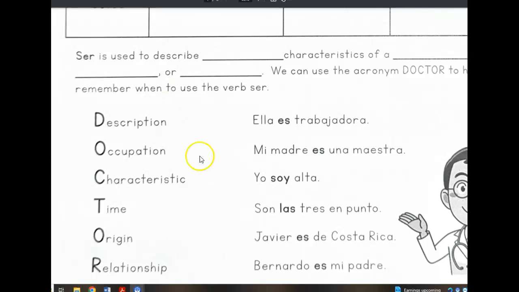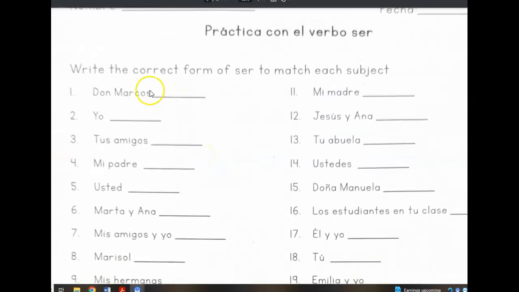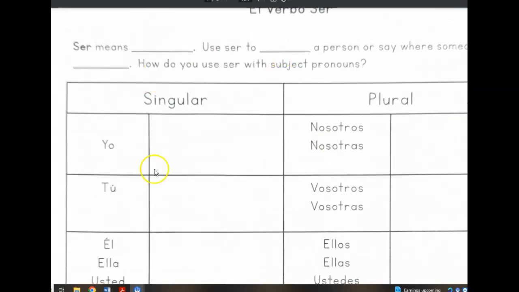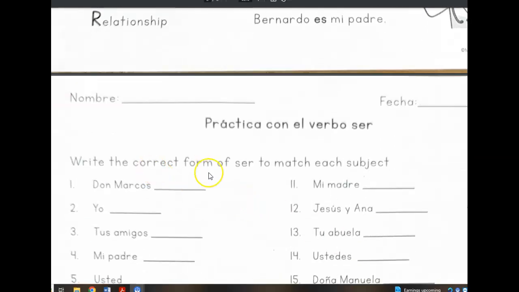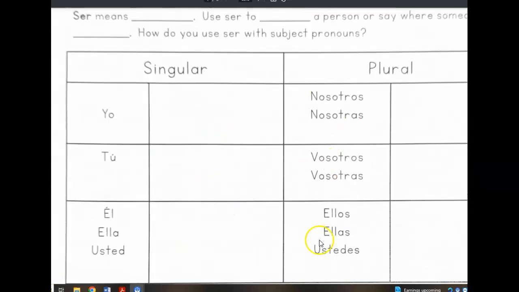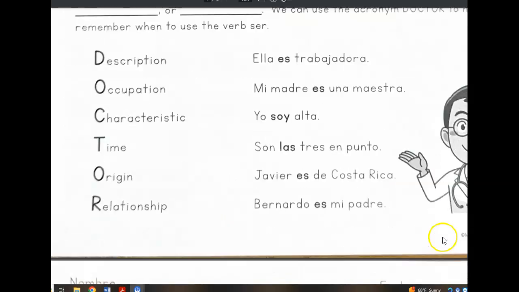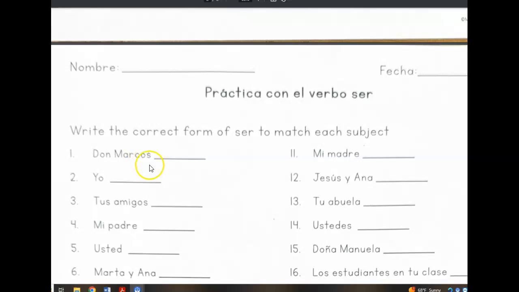All right, so going to the back now, going to do the first few with you, and then you'll be on your own for the rest. Write the correct form of the verb ser to match each subject. Your options for each of these blanks are one of these 5 conjugations, right? Write the correct conjugation of ser, soy, eres, es, somos, or son, according to the subject that's provided.